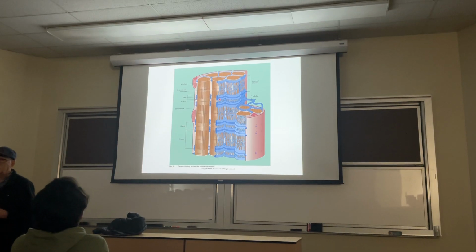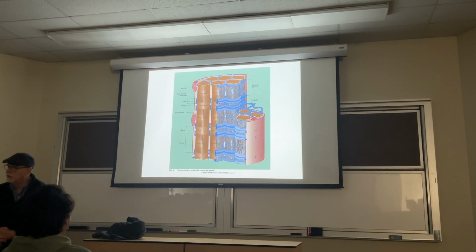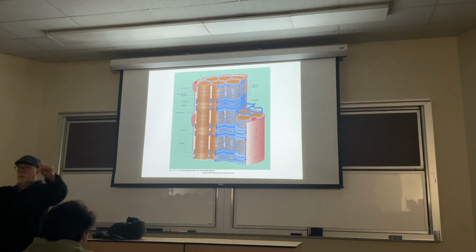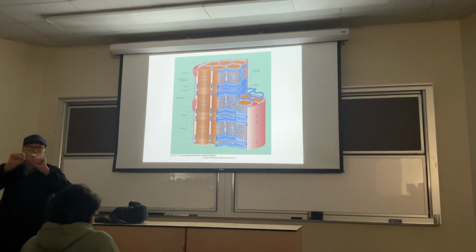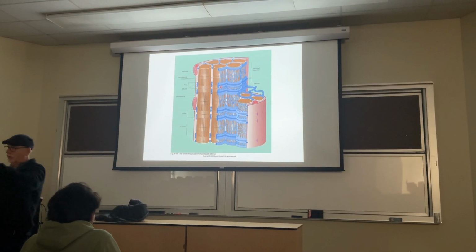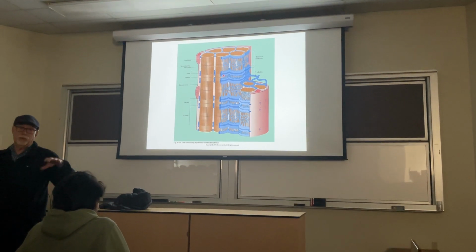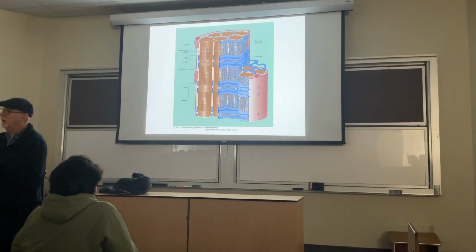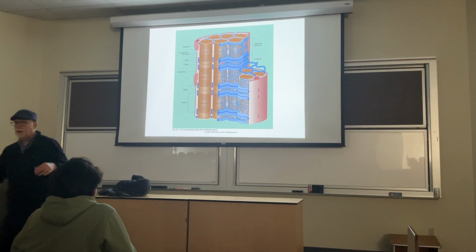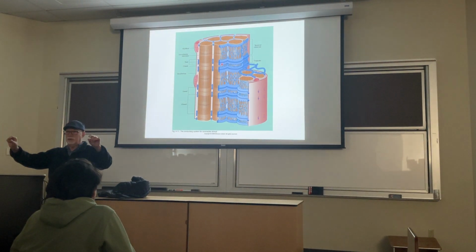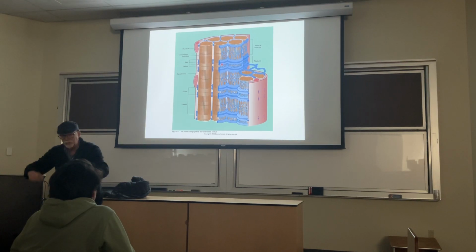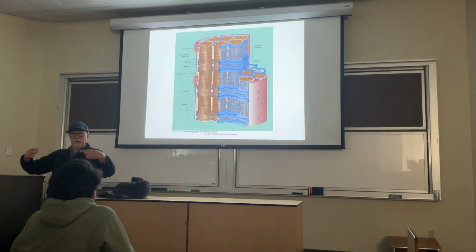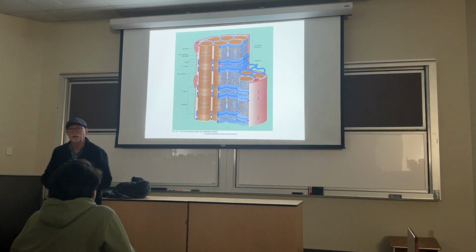What happens is when we generate action potentials along the outer plasma membrane, the sarcolemma of the muscle cell, it runs along the length of the muscle cell, but it goes into the cylinder using transverse tubules.